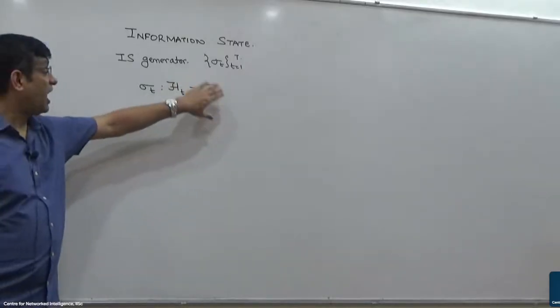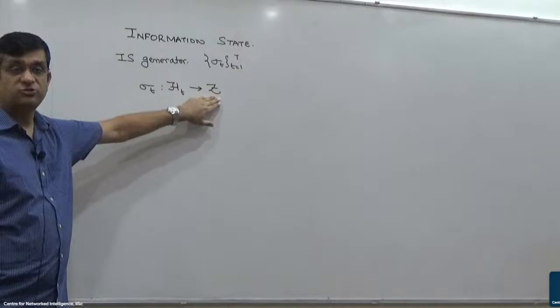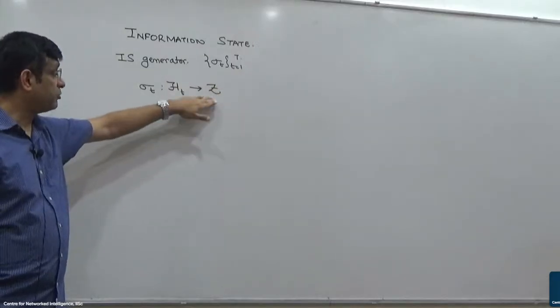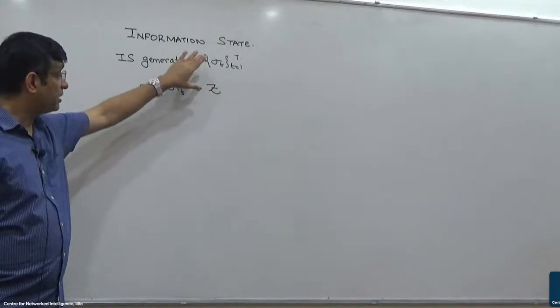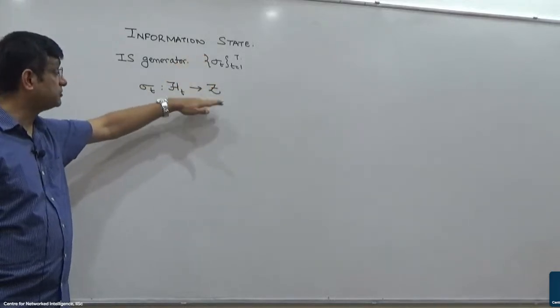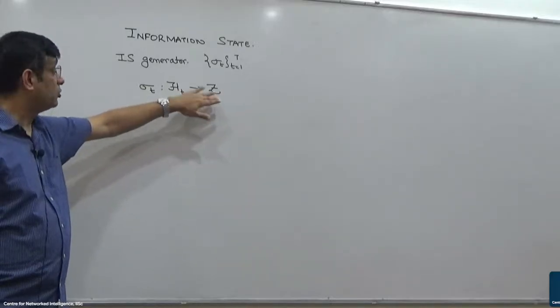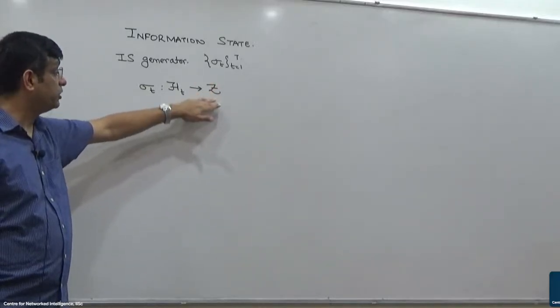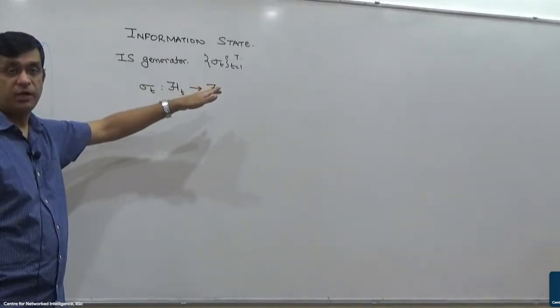Formally, I need this to be a space so that I can talk about probability distributions on this. In the discussion that I am doing right now, I implicitly assume this is discrete, but in the examples that we will do, this can be a continuous state. In general, I am going to technically do the analysis where this is a Banach space, so I have no issues defining probabilities on this.